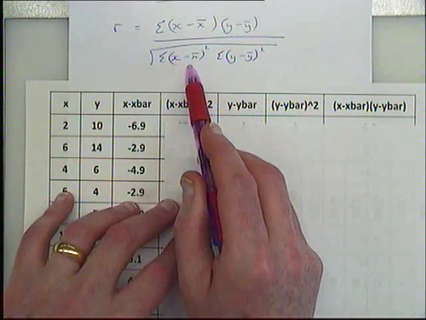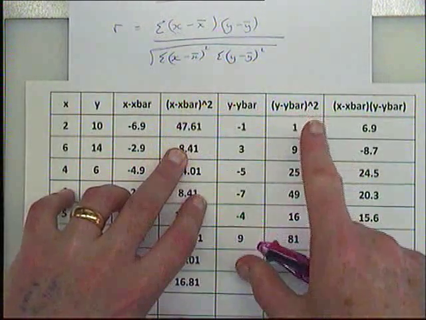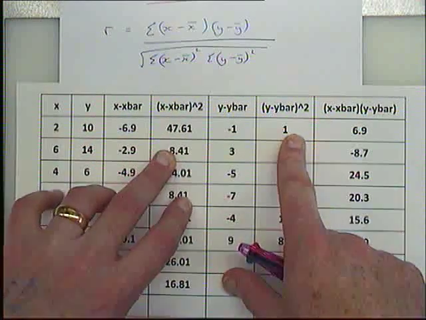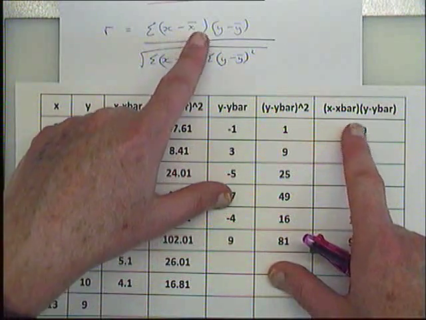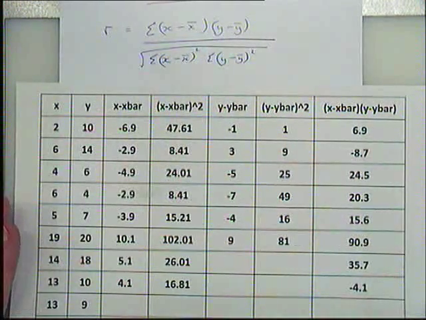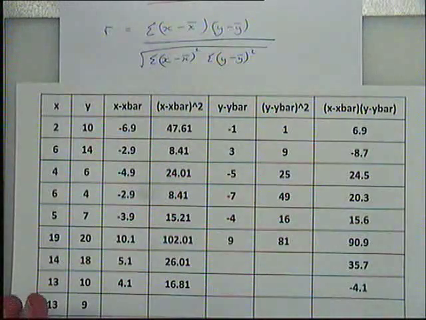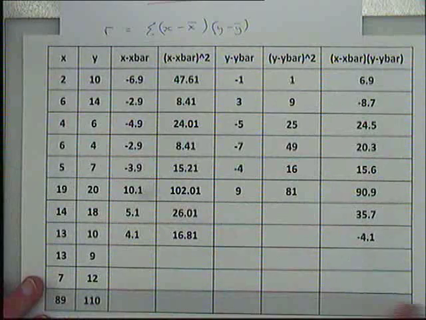The X minus X bar also needs to be squared, which is what that column is. The Y minus Y bar column needs to be squared, which is what that one is. And over here, the top line is X minus X bar times Y minus Y bar. So you have all of those columns of data you need. Most of it is worked out.